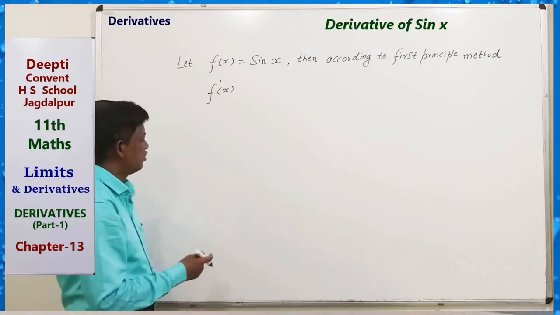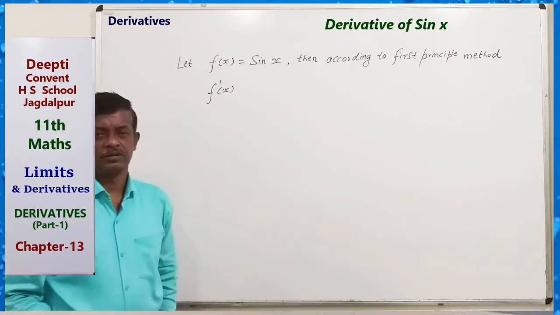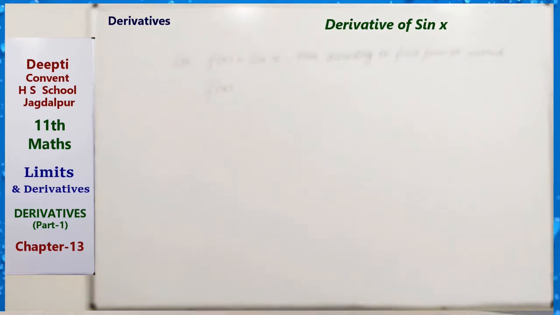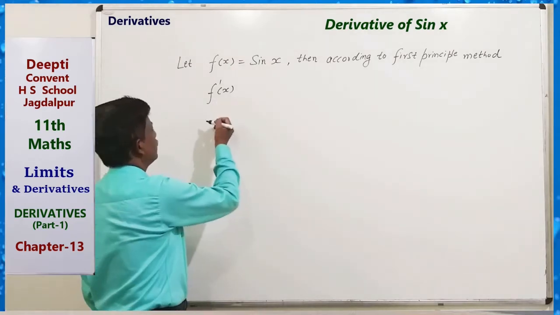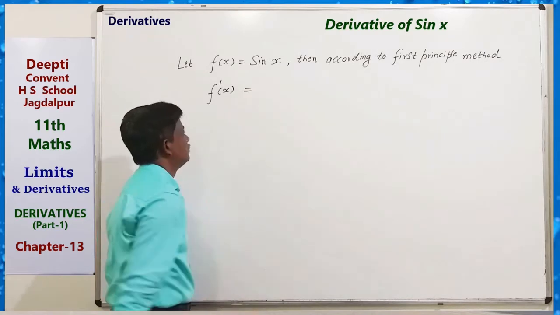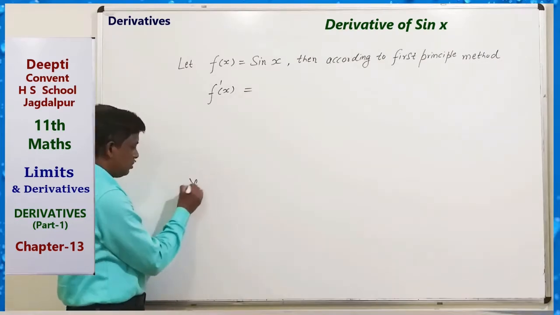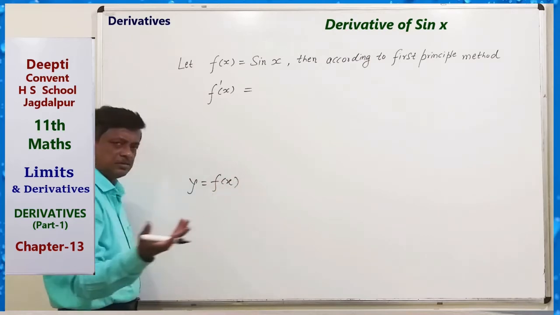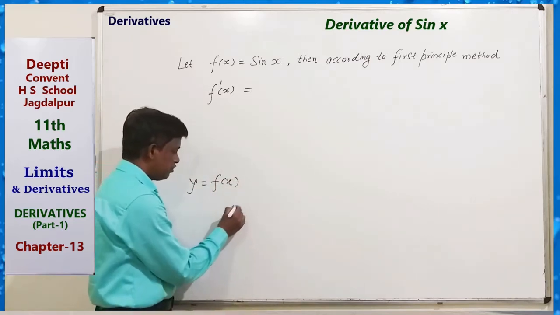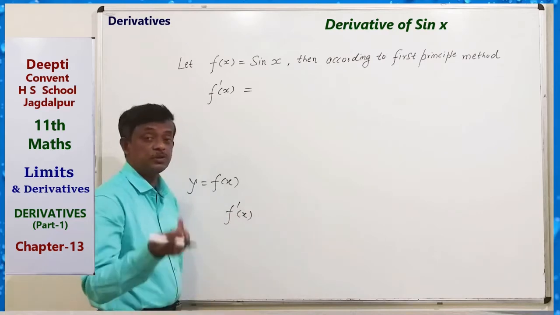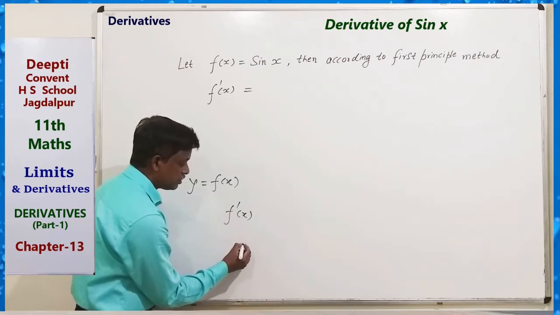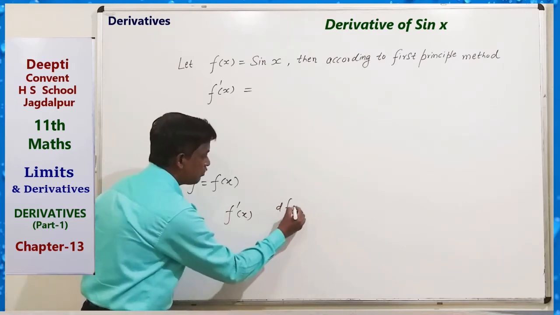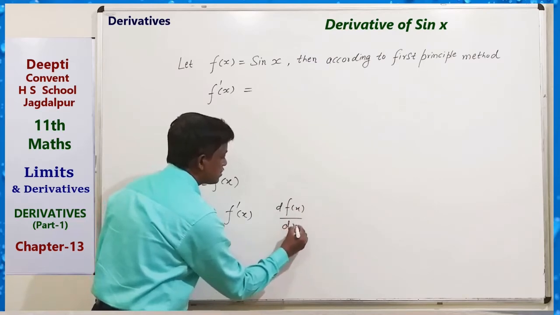There are also different types of notation for derivative. Just dy by dx. y equals f(x) is our general notation for function. So the derivative of f(x) with respect to x can also be written as d f(x) by dx.